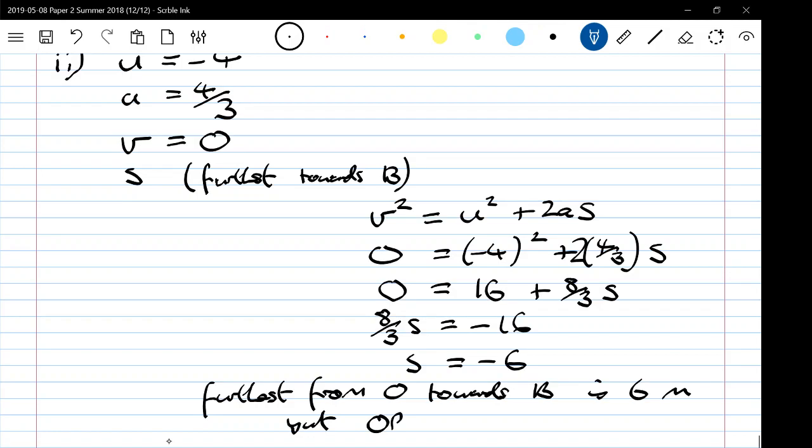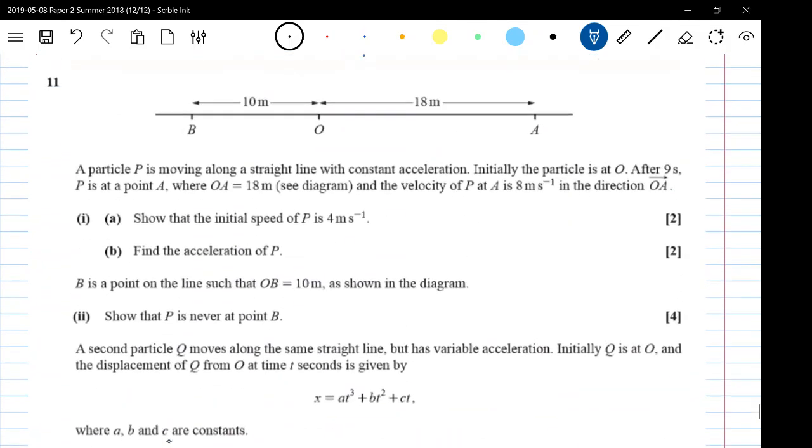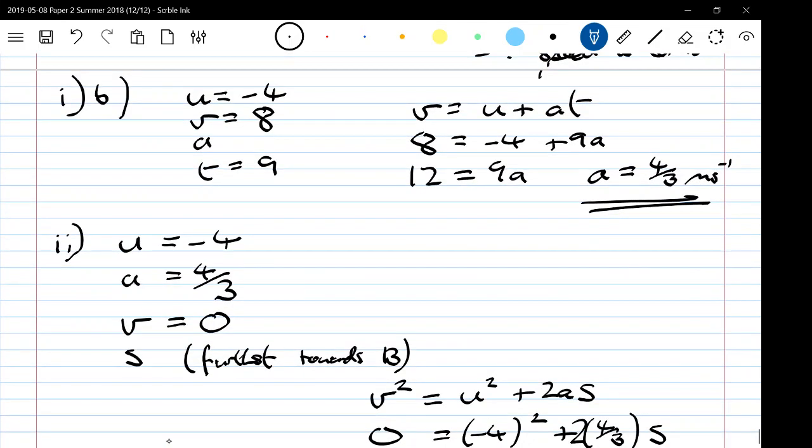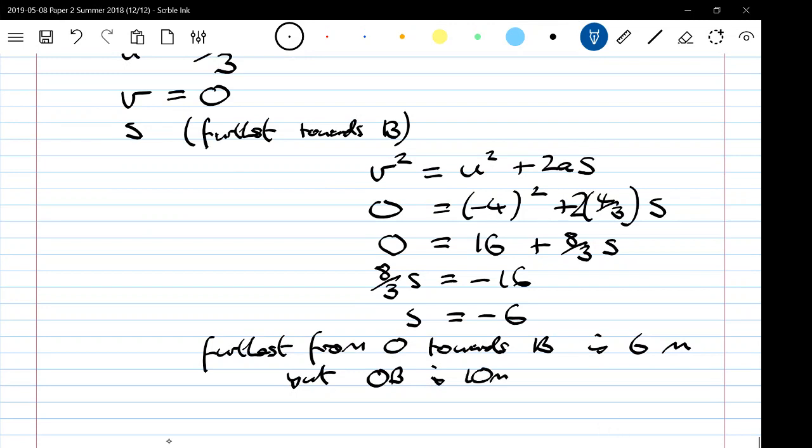But the distance OB is 10 meters. So it never reaches B. There we go. And that's probably the way that I would have done that out of that bit. Is that okay?